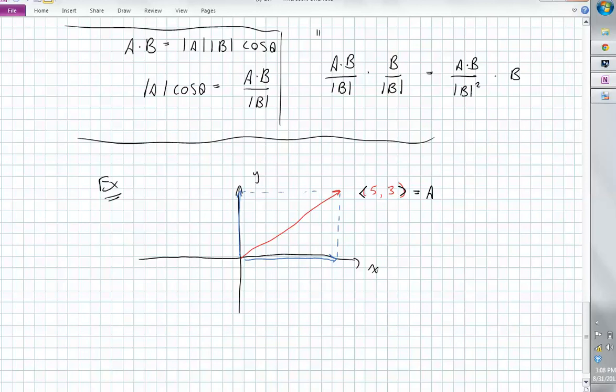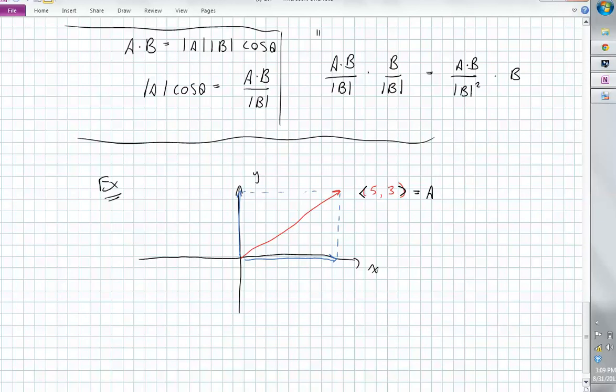Do you have one in mind? If I want to find this blue vector, I need to find a vector that points in that same direction so that I can use the projection formula. 1, 0 is a perfectly fine example of that. 1, 0 is, say, here, and it points in that direction.